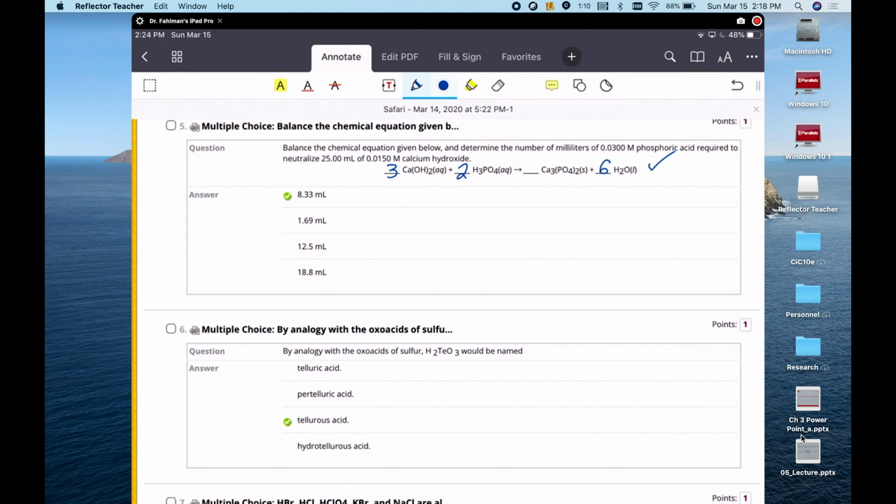The red flag in these questions is if you are given a volume and molarity. You can then get moles from that. So this would be 0.0150, remember, capital M is moles per liter, times 0.02500 liters.